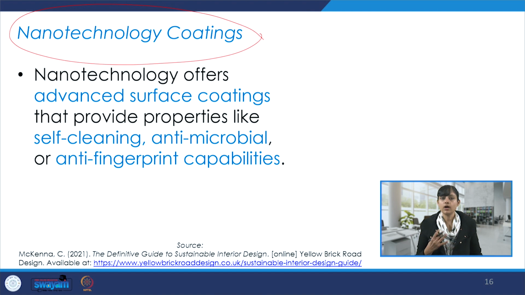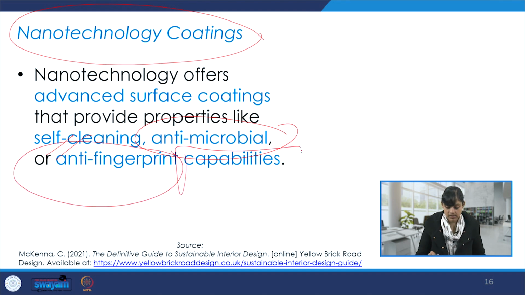Nanotechnology offers advanced surface coatings that provide properties like self cleaning, being antimicrobial, or anti fingerprint. So, these are important capabilities or attributes which can be achieved through these different materials and coatings.